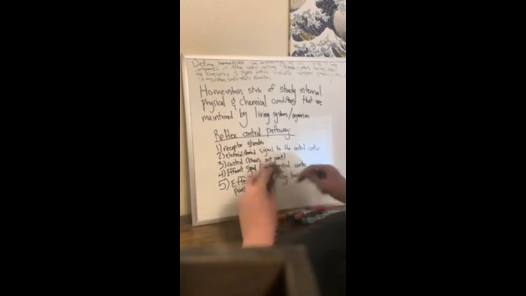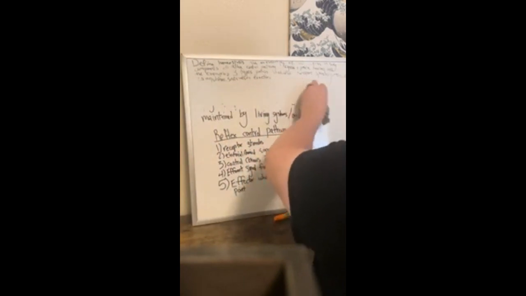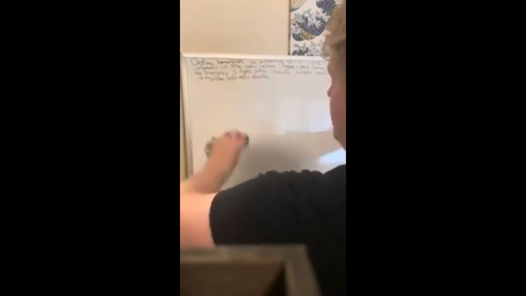So next we're going to be talking about what are called negative and positive feedback loops. I'm going to use green for the negative feedback loop.